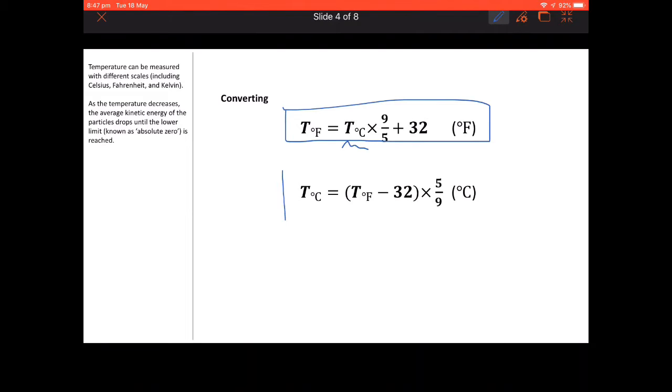To convert from Fahrenheit to Celsius, you minus 32 from the Fahrenheit temperature, times by 5/9, and that'll give you your temperature in Celsius. These rules, hopefully you can see, are the same rule, but they've just been rearranged to make either the temperature in Fahrenheit or the temperature in Celsius the subject.